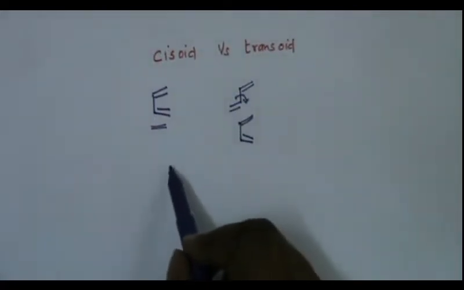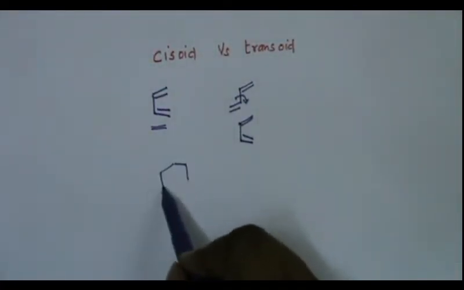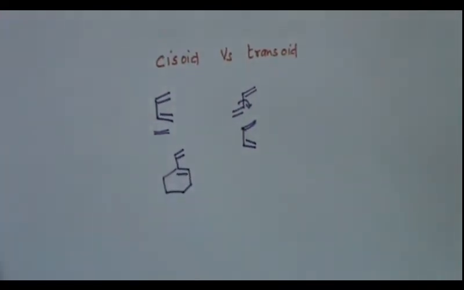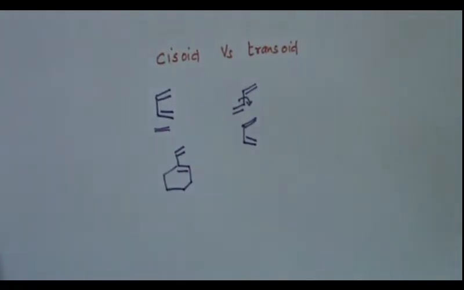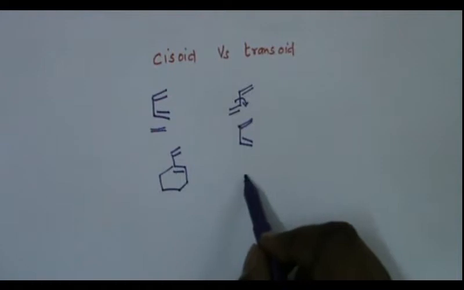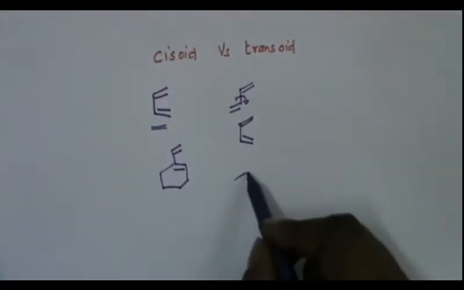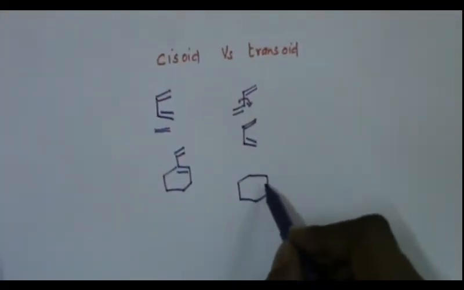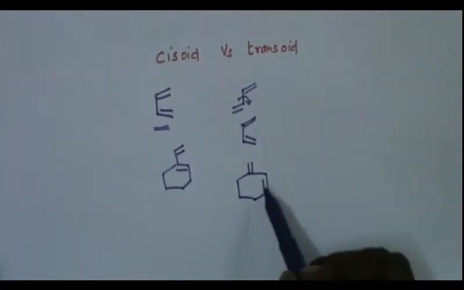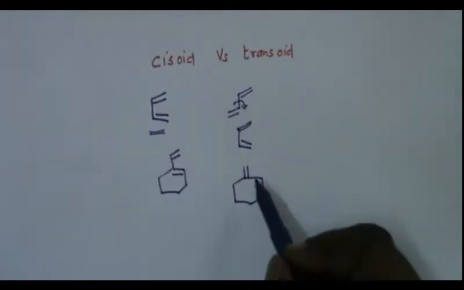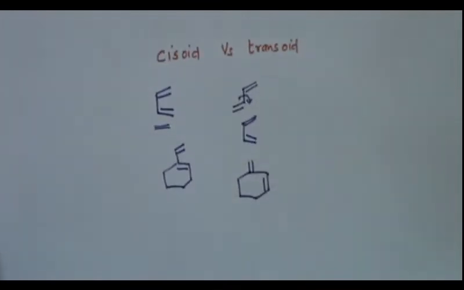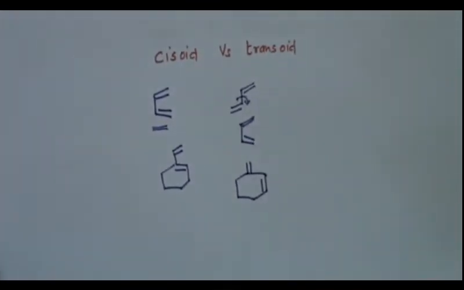Suppose if the compound is like this, still there is Cisoid conformation. But if it is locked like this, it is diene, 1,3 diene, but the rotation about this carbon single bond is not allowed.